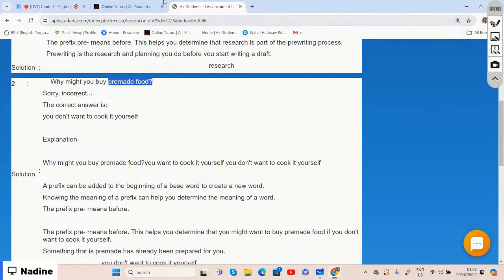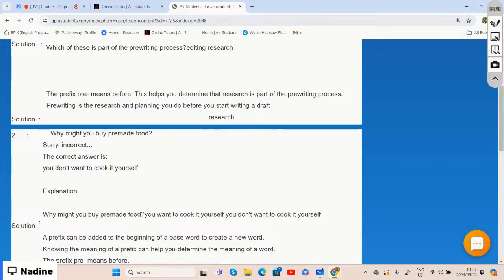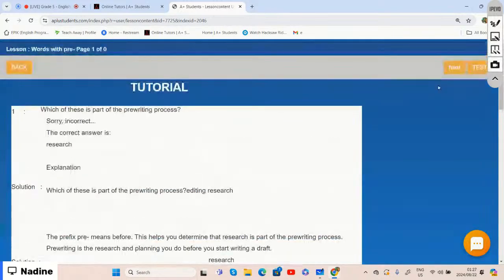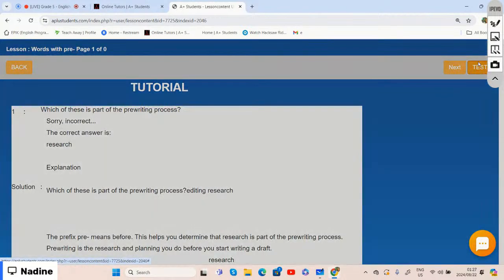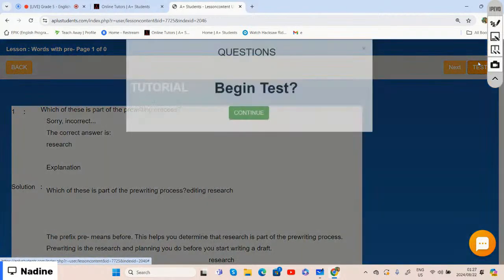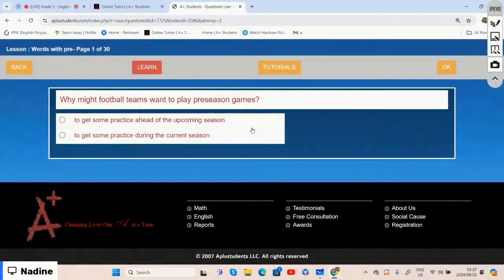All right, so pre-made food is food that is maybe like takeaways or things that you had already in the fridge or something.